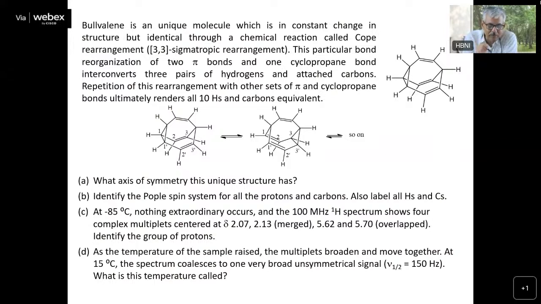If you see this molecule very carefully, the first question is what axis of symmetry this unique structure has. You should be able to find out whether there is any such symmetry axis or not.